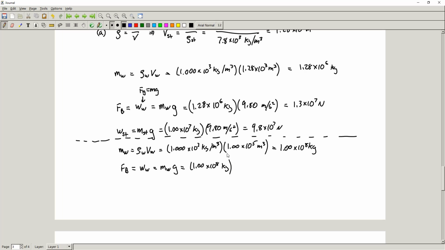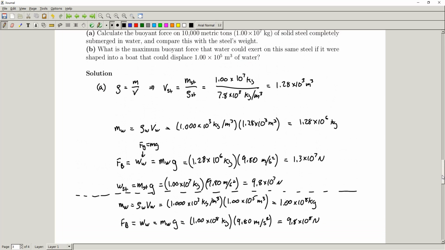And we know that our gravitational acceleration is 9.8 meters per second squared. And so if we do that calculation, we will find a buoyant force of 9.8 times 10 to the 8 newtons.